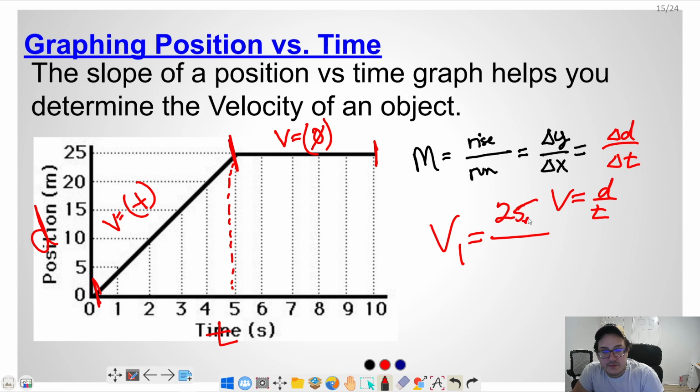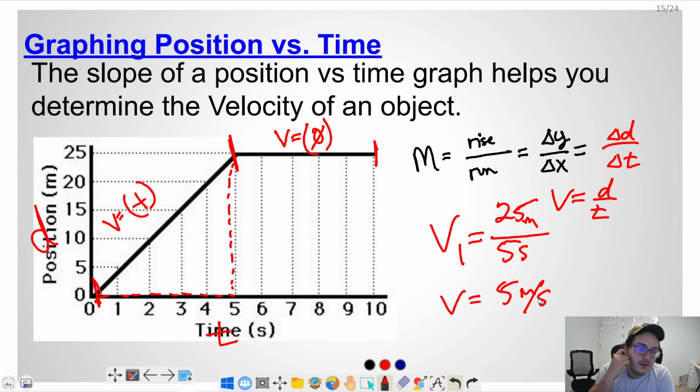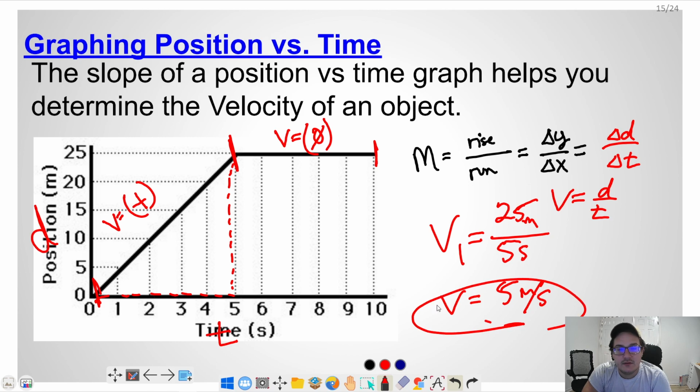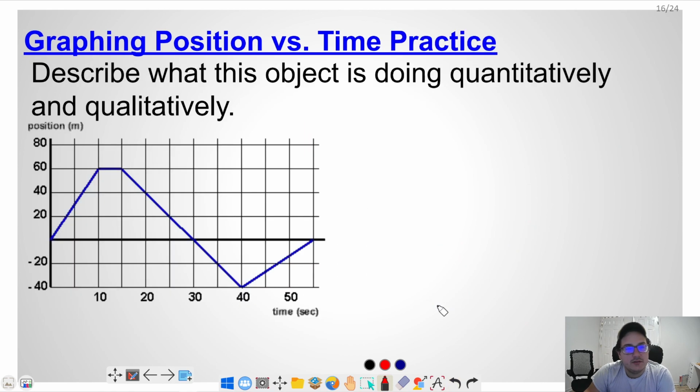I went up 25 meters, and my time is 5 seconds. So velocity equals 5 meters per second. We know it's positive because we're going up, and we also found it algebraically. So what I want you to do now is try this on your own.